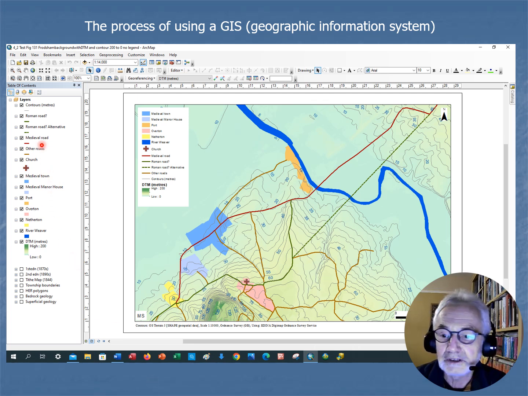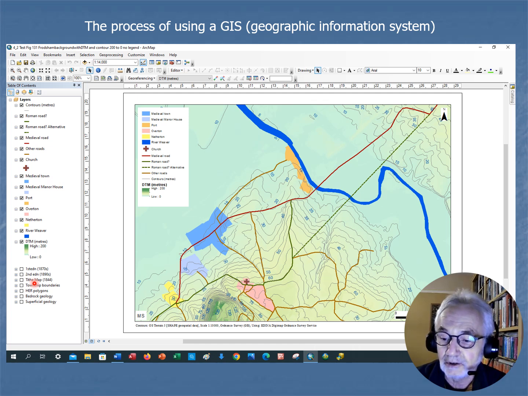Hence, if we look on the left-hand side of the slide, we can see the spatial data which I use for the study of Frodsham. At the top we have contour data, which I downloaded and used to create a digital terrain model, or DTM. At the bottom, the data which is not ticked is material which I used in the analysis but is not shown live on the current map.